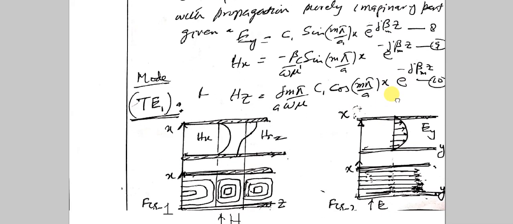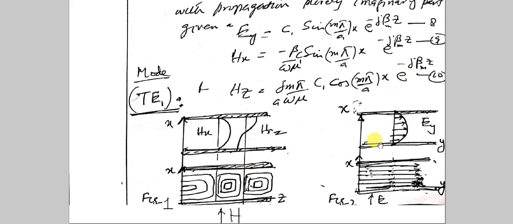So this will be the configuration figure of the wave propagation. This is for the E field, this is for the H field, and you can see here this is lambda by 2. If m is equal to 1, the wavelength is lambda by 2 and the plate separation is lambda by 2. This is along the y-axis.